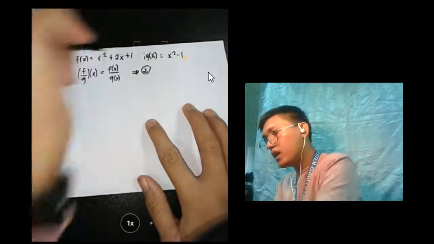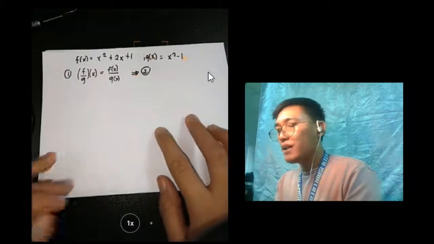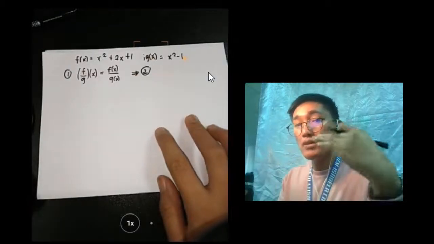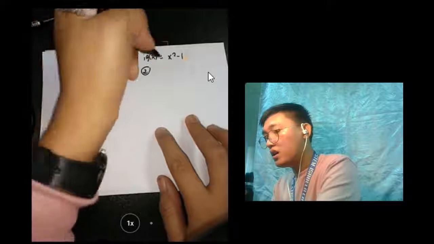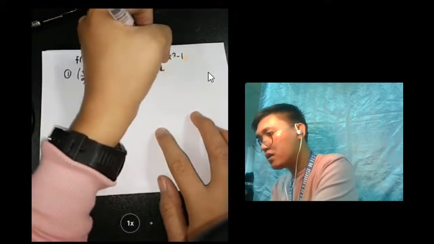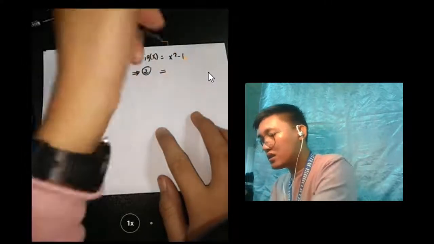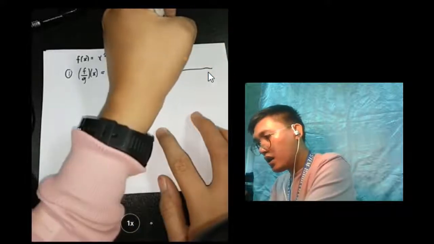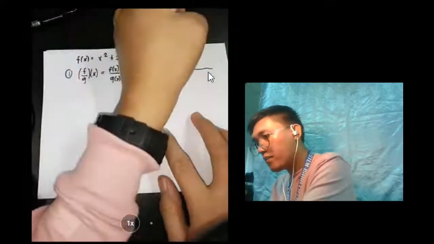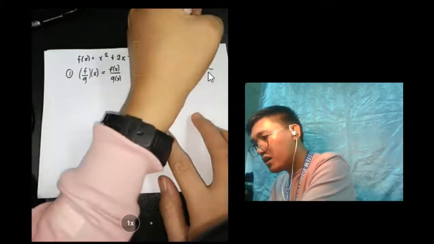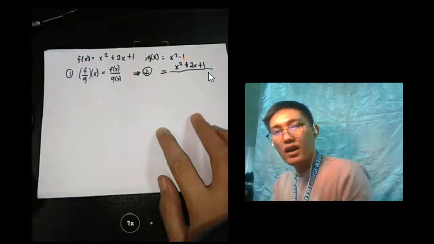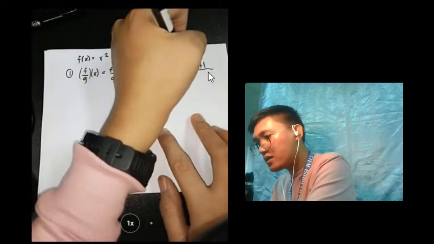Our step number 2 is to substitute the terms in f of x and the terms in g of x. That would be equals x squared plus 2x plus 1 over x squared minus 1.